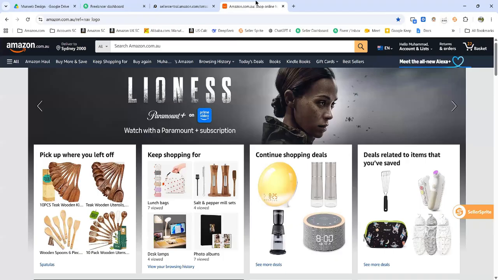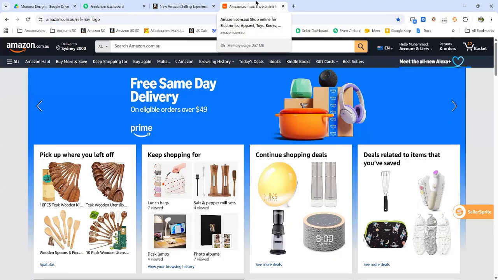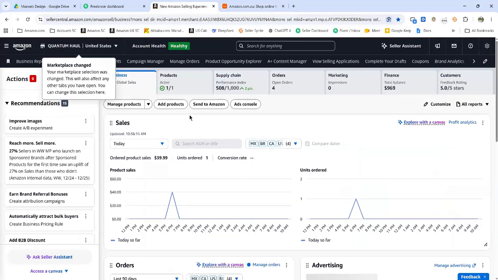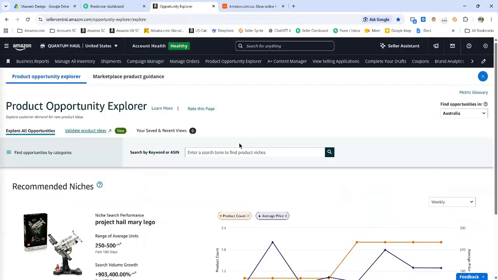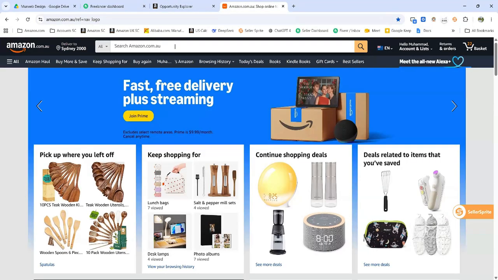We have bought Seller Sprite. We use that one. Otherwise, there's also Helium 10, which works the same. In Amazon Australia, we usually also do some manual analysis. We check which sellers are from global markets and which are local. We check out reviews, ratings, and all that stuff.